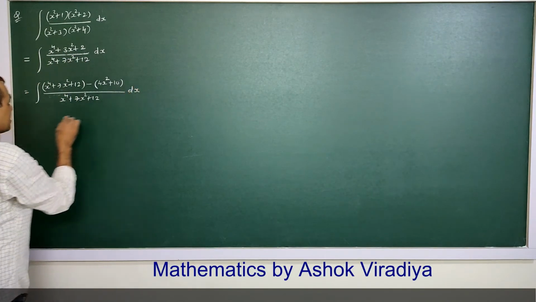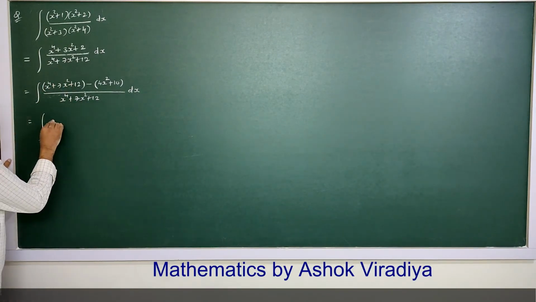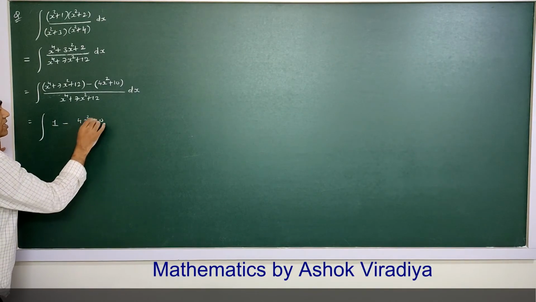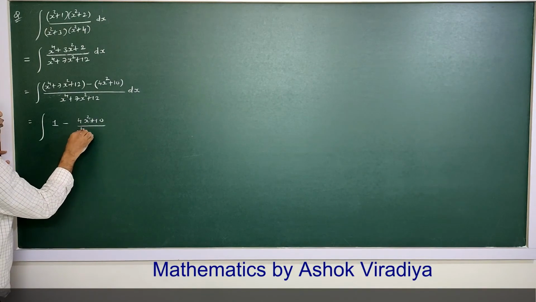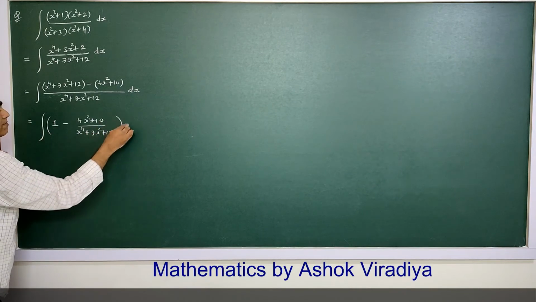dx. So in this case, dividing this, it is the integral of 1 minus (4x^2 + 10) upon (x^4 + 7x^2 + 12) dx.